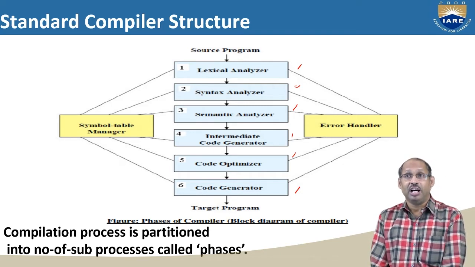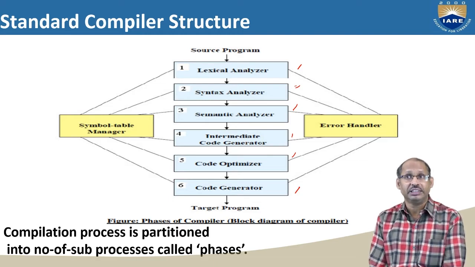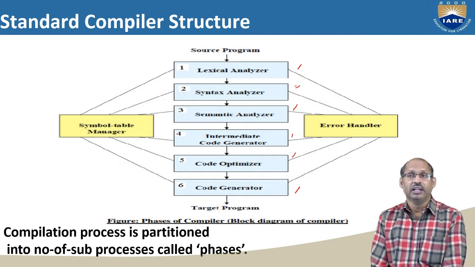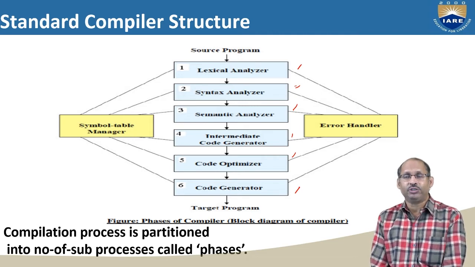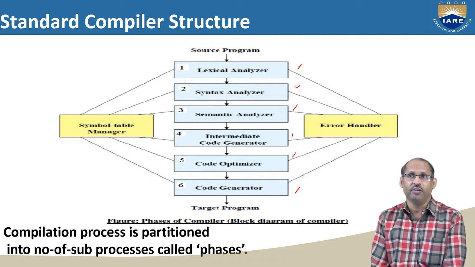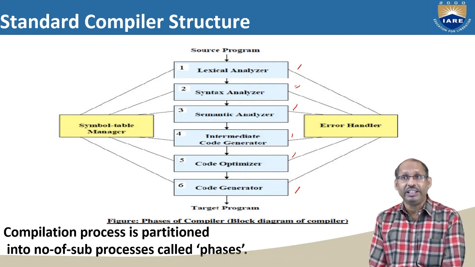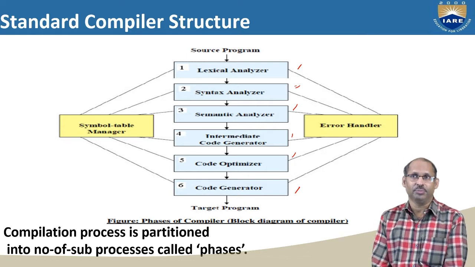Then the abstract syntax trees, the output of the semantic analyzer, will be the input to the intermediate code generator. Here, the intermediate code generator has the intermediate code forms: 3 address code, abstract trees, postfix forms. So these are the different intermediate code forms.